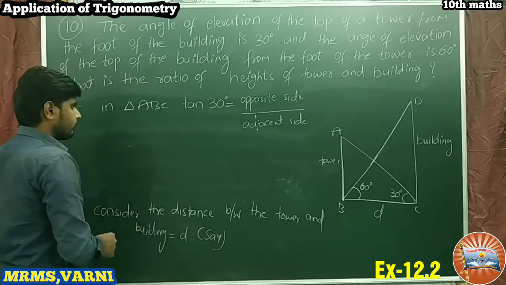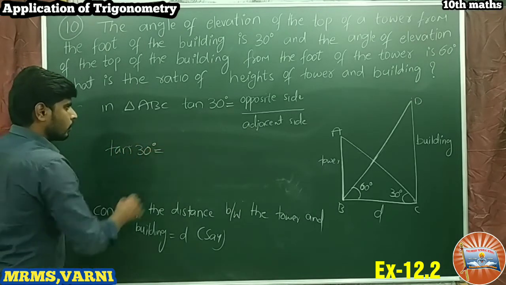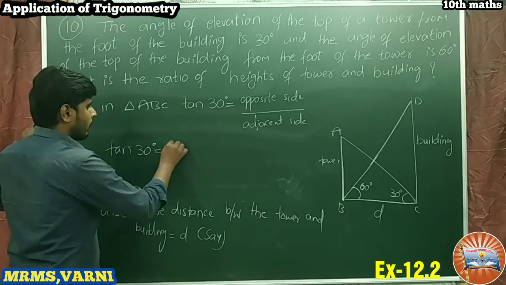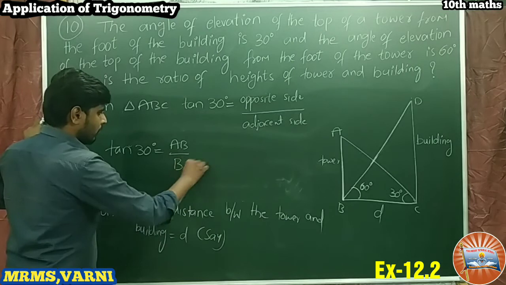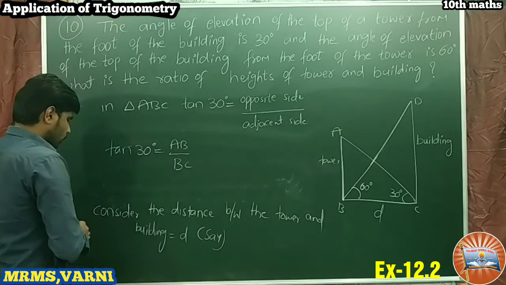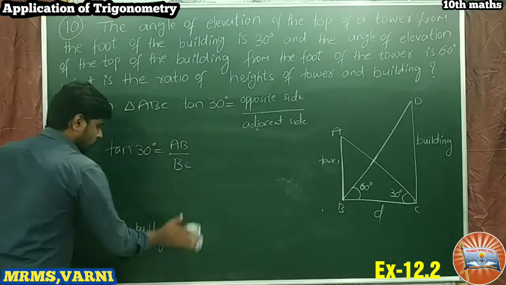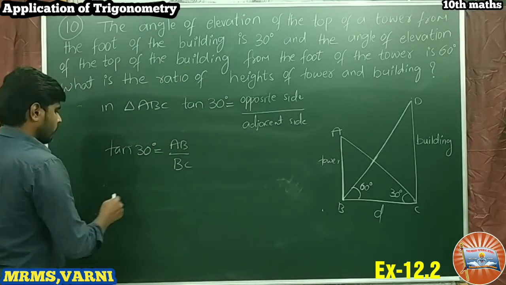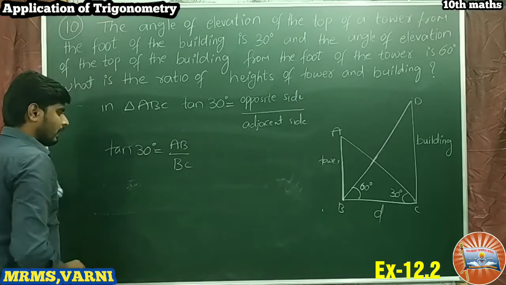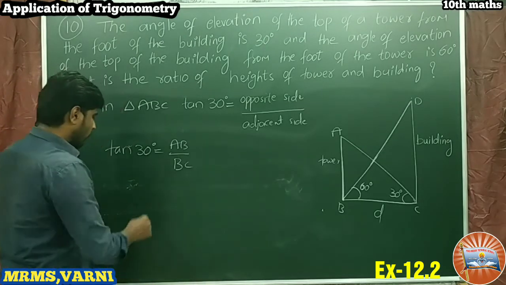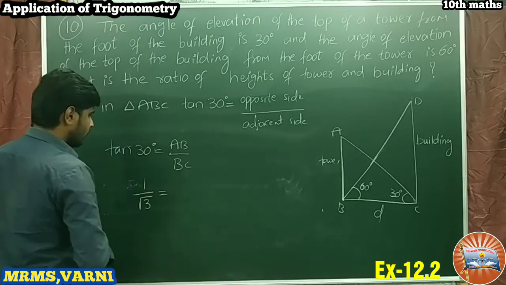So tan 30 degrees is equal to the opposite side, that is AB, by BC. We don't have AB and we don't have BC, but we can make some equation here. We know that the tan 30 value is 1 by root 3, isn't it?